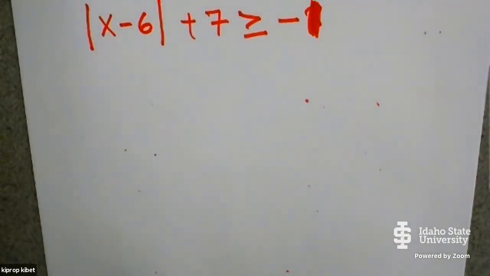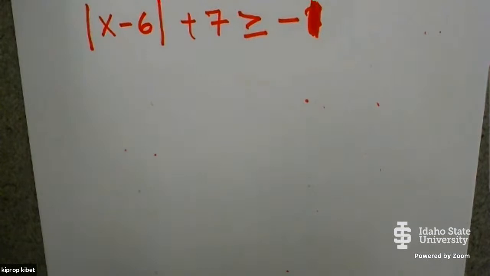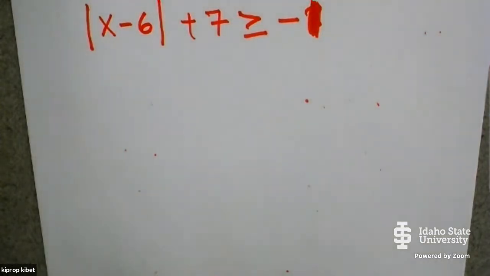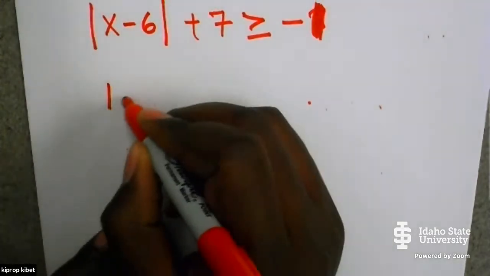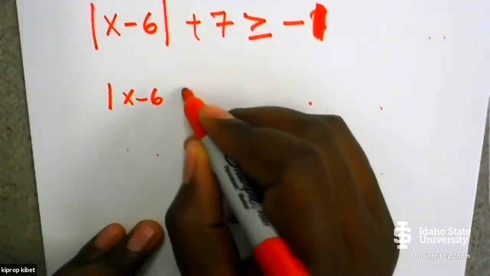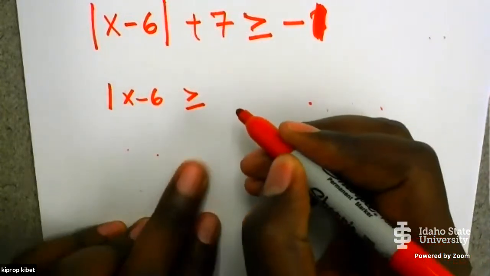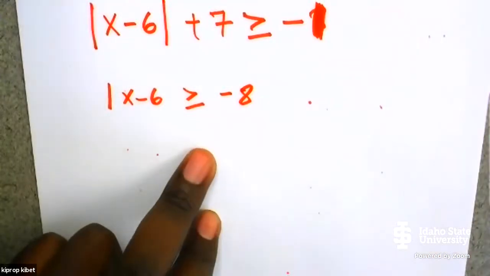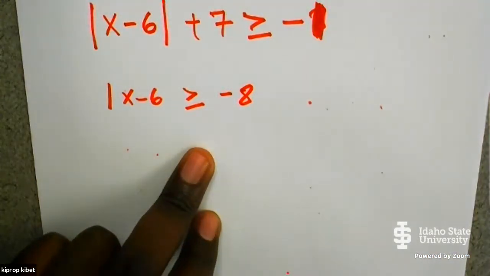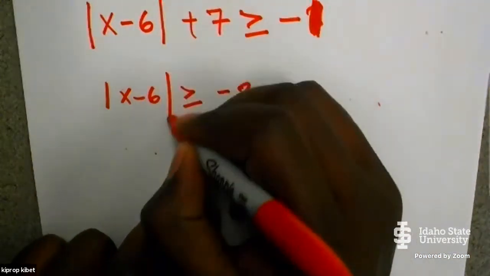How should we solve that? First of all, we isolate the absolute value, so we take the other one to the other side. So the absolute value of x minus 6 is greater or equals to what? Negative 8. Greater or equals to negative 8.